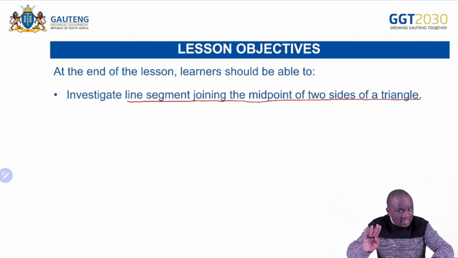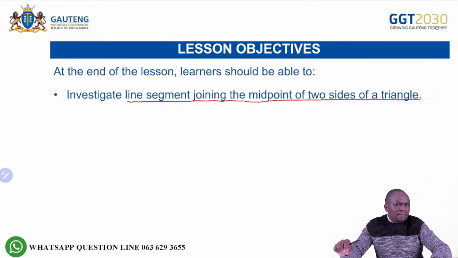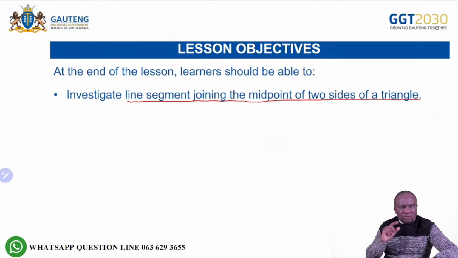It has 3 sides, doesn't it? So now we have this line segment joining the midpoints of two sides of a triangle. What is its relationship with the other side, the third side? That's what we're going to learn today.